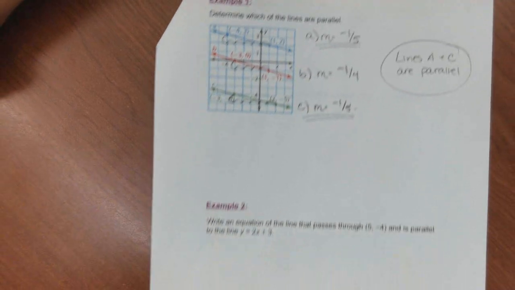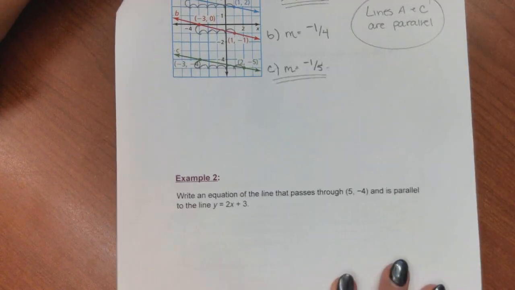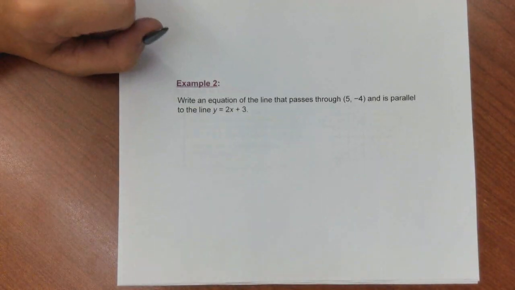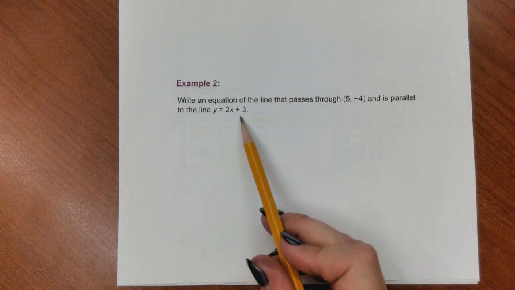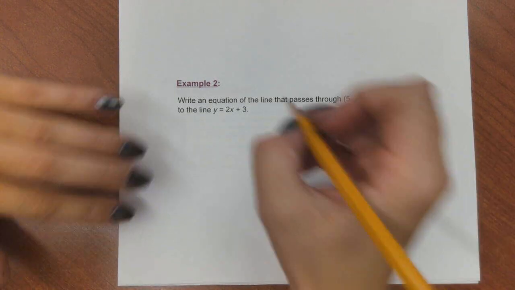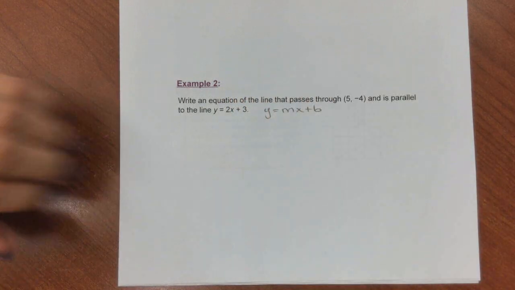All right, moving on. For my next example, I want to write an equation of a line that passes through this point and is parallel to this line. Okay, so we know that in order to write a line, we need to have y equals mx plus b.